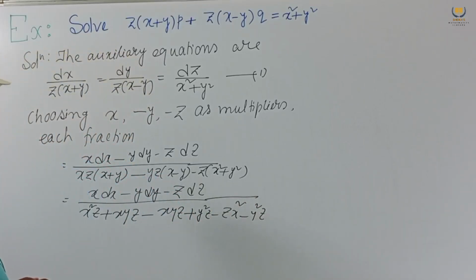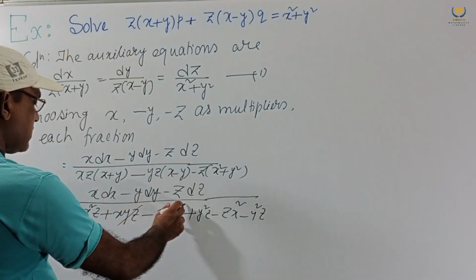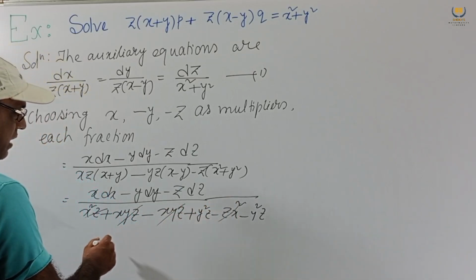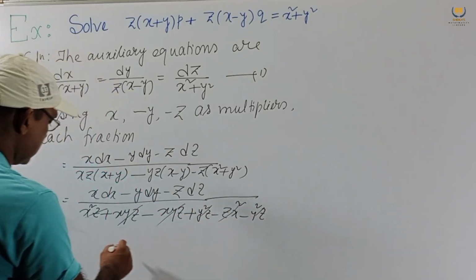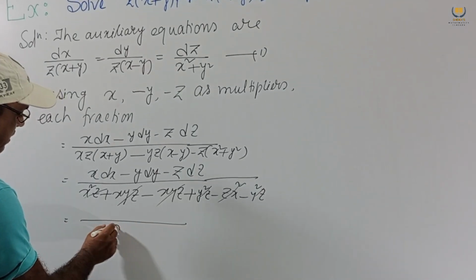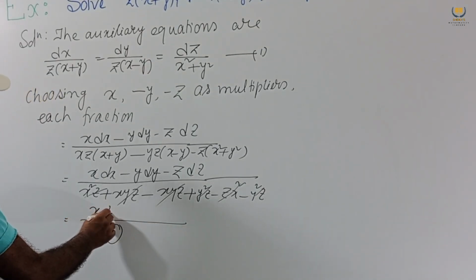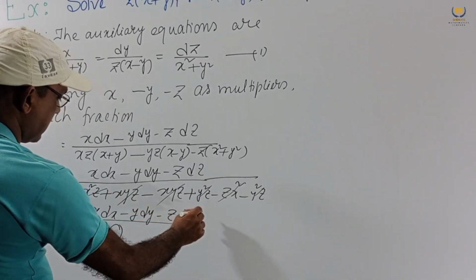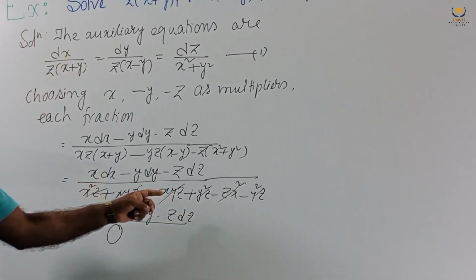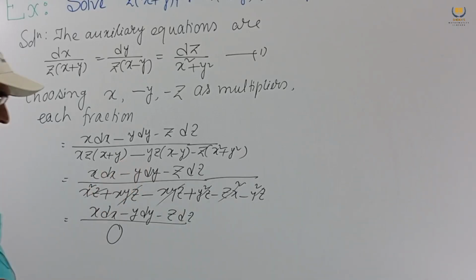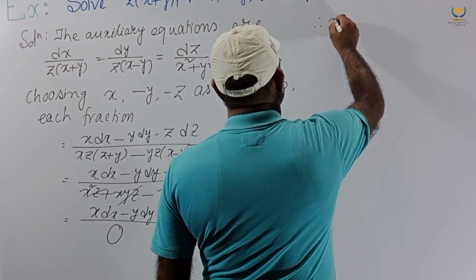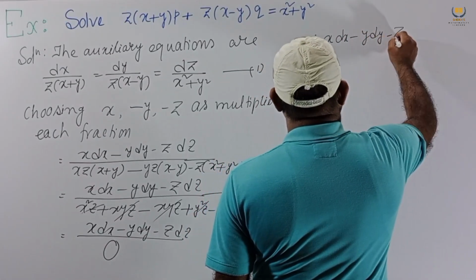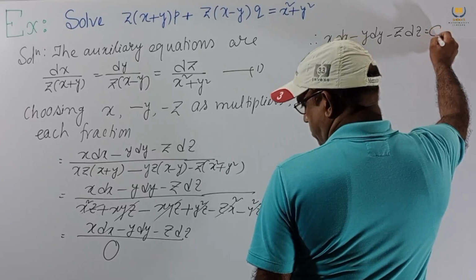We get this: xyz cancels, x square z cancels, and y square z cancels. So we get denominator 0, x dx minus y dy minus z dz, and after cancelling the denominator we get 0. If the denominator is 0, then we can write x dx minus y dy minus z dz equals 0.